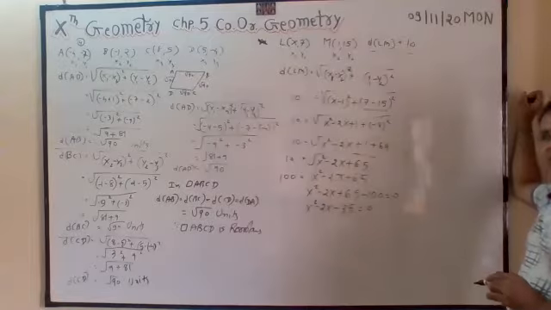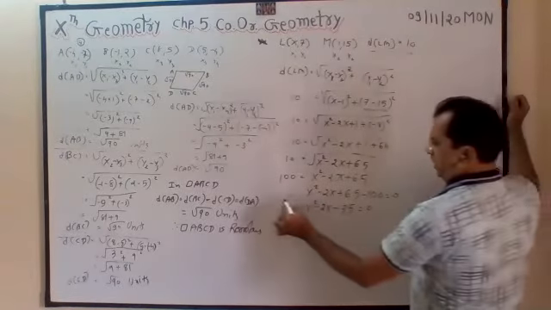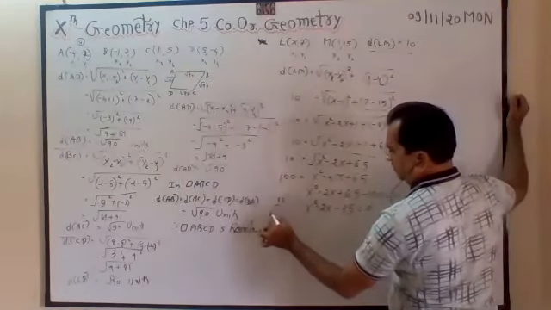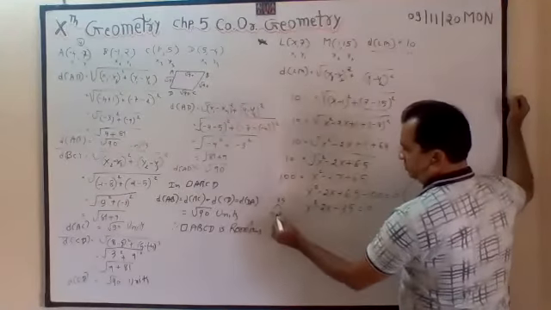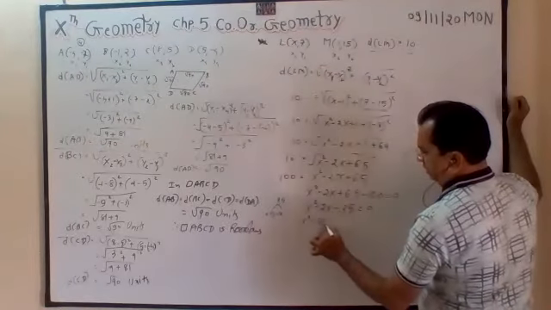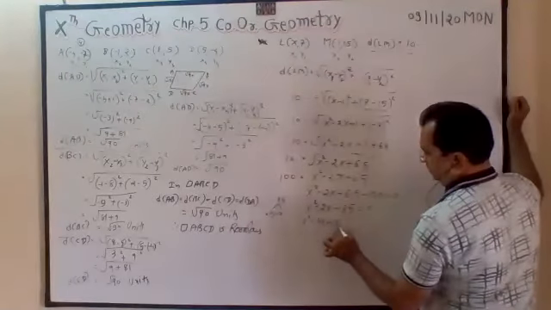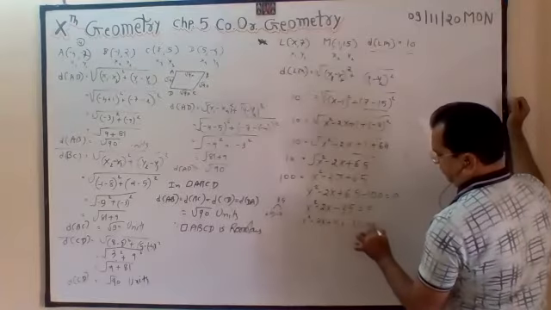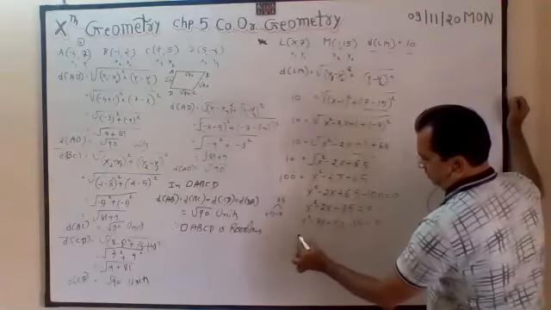Now 65 minus 100 is equal to minus 35. So x square minus 7x plus 5x minus 35 is equal to 0.